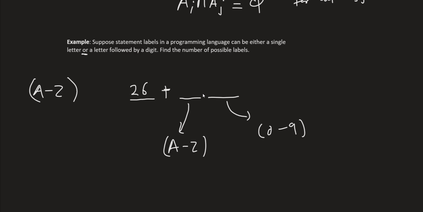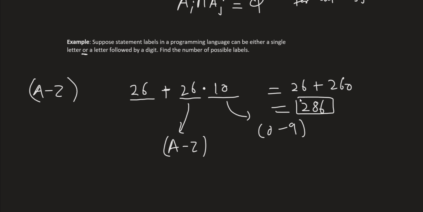Here we'll have 26 choices, and for the second, the digit, we'll have 10 choices. So this will be equal to 26 times 10. In total, the number of ways is 26 plus 26 times 10, which is 26 plus 260, and hence we get 286 possibilities.